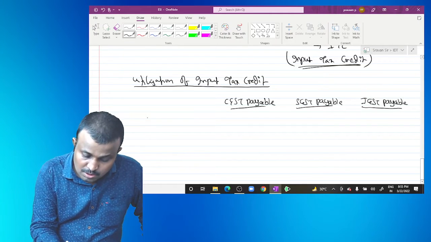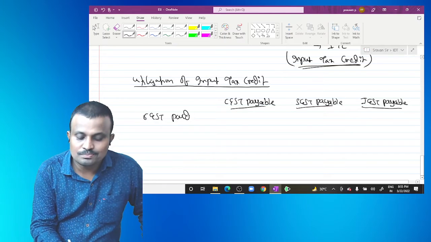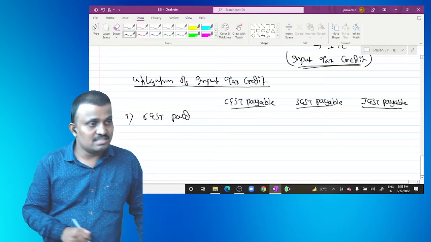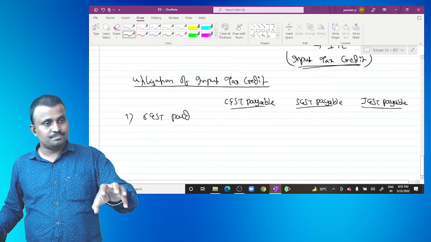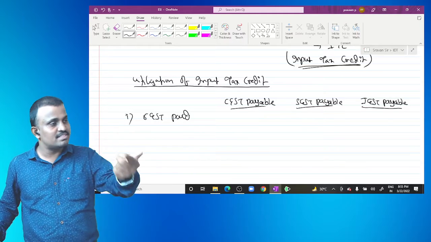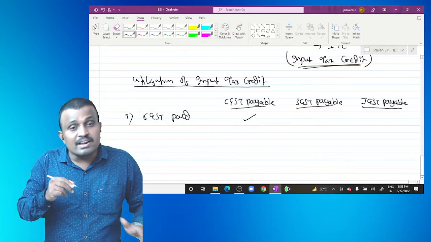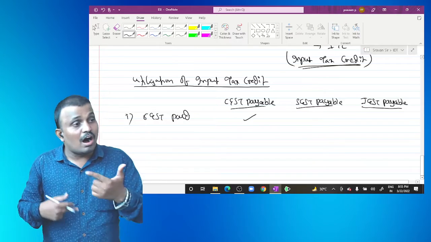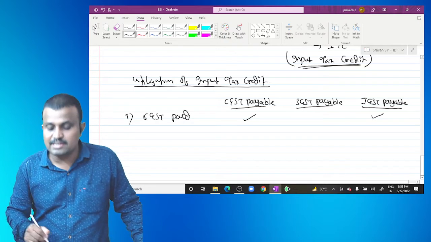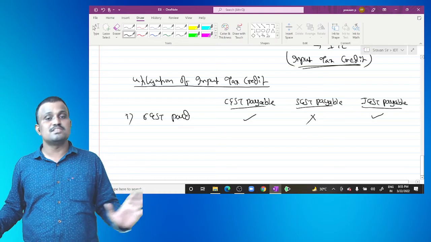CGST paid can be adjusted against CGST payable first. If any surplus is available after adjustment against CGST payable, that can be adjusted against IGST payable, but cannot be adjusted against SGST payable.